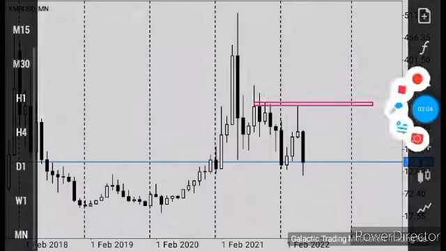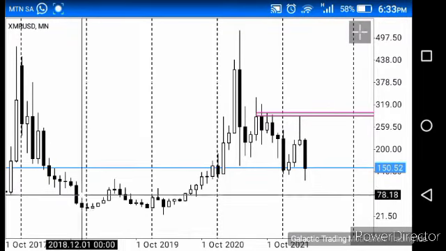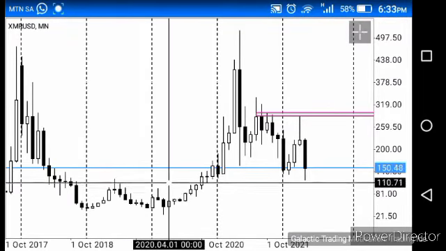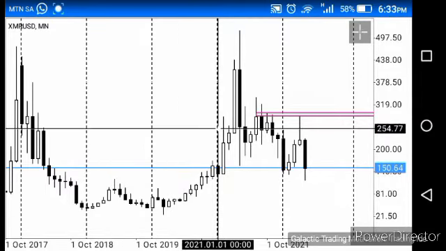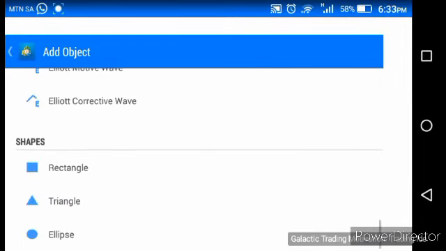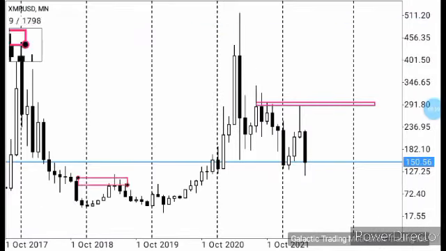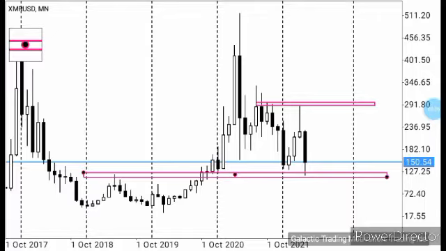I think I should also add a neckline here so that we don't forget about this huge W structure that we have over here, as it's quite significant as well, even though the W has already occurred. Okay, let's see, just bear with me. There we go.